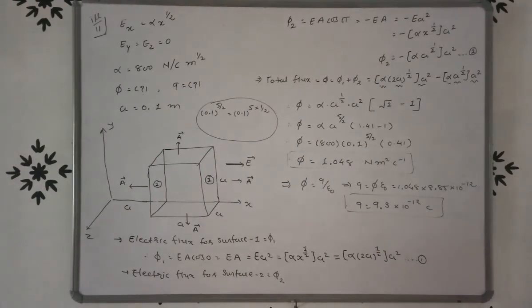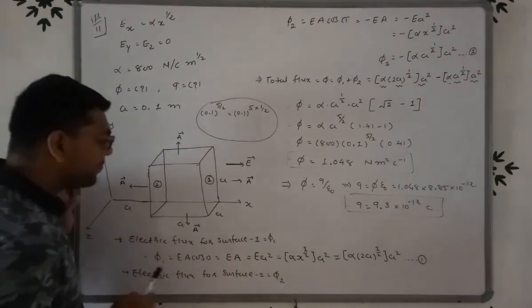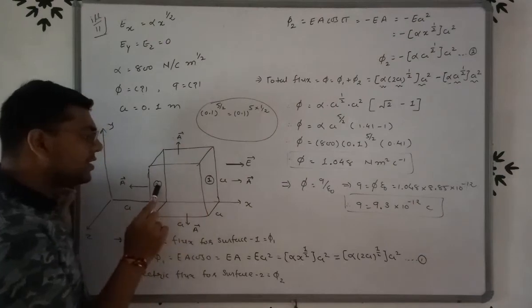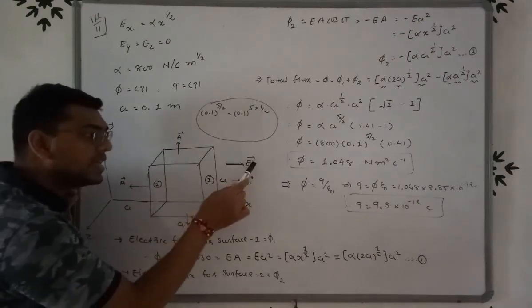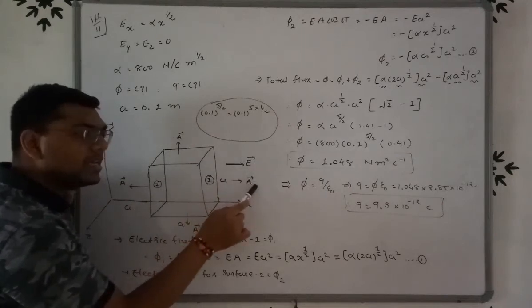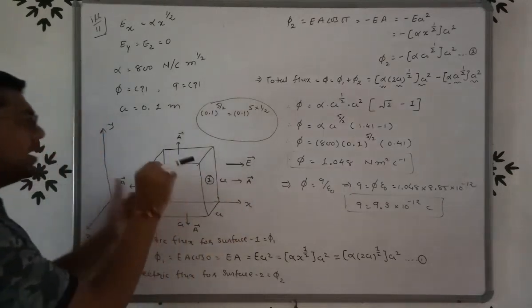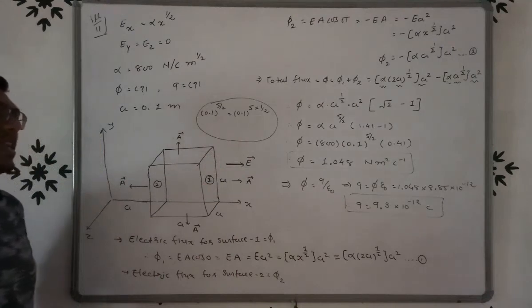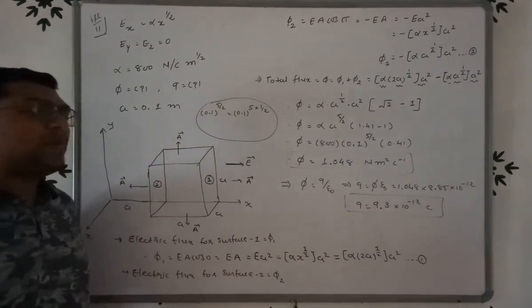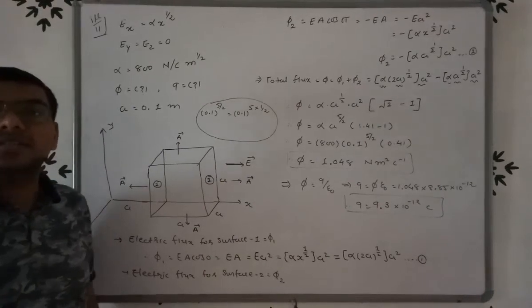This is a very easy example, but you have to remember the formula of flux. Once again, see here. For surface 1 and surface 2, flux will be there because of the direction of E and A. For the first surface, E and A are in the same direction; for the second, they are in opposite directions. For the other surfaces, E and A are perpendicular, so flux will be 0.